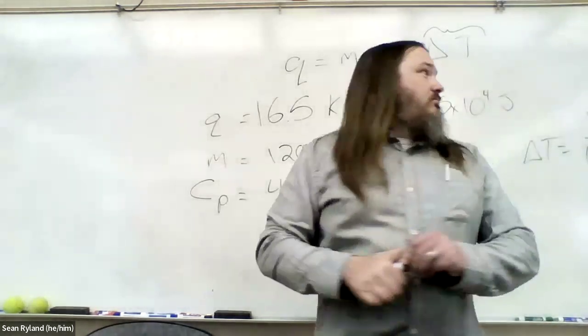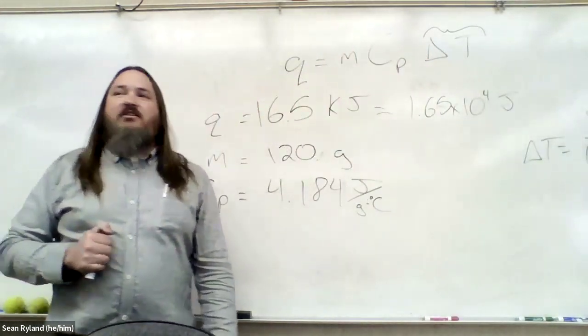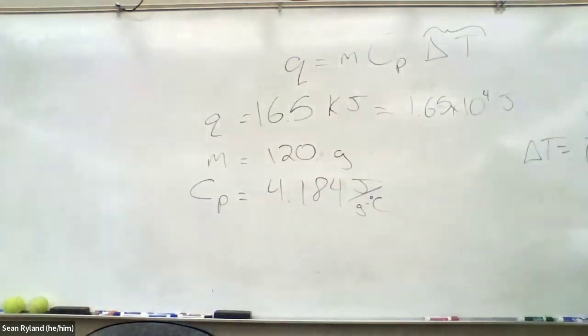Now, considering most of our units are just going to cancel out, it's tempting to not bother writing this big obnoxious unit at the end. I would encourage you to always write these units, even when you know what your final answer is supposed to be, because it'll remind you if you messed up by forgetting to convert kilojoules into joules.